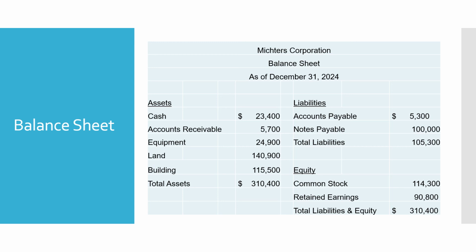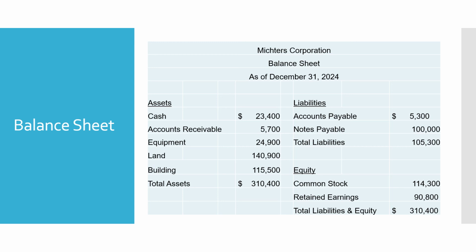In the assets section, we have cash, accounts receivable, equipment, land, and building for total assets of $310,400. We have 2 liability accounts. They both have the word payable on the end of them, accounts payable and notes payable, for total liabilities of $105,300.